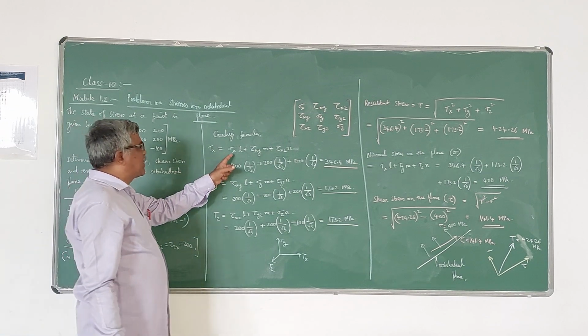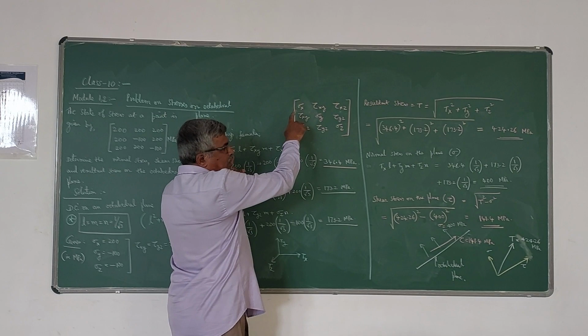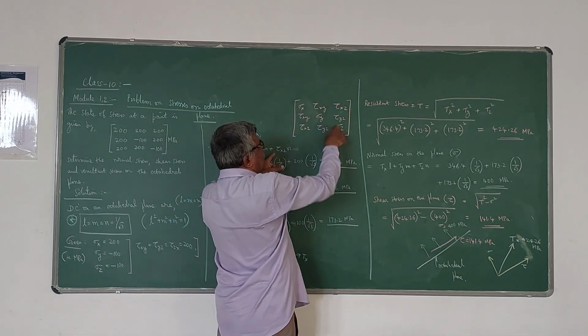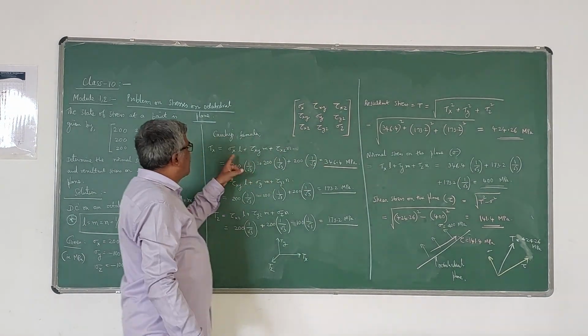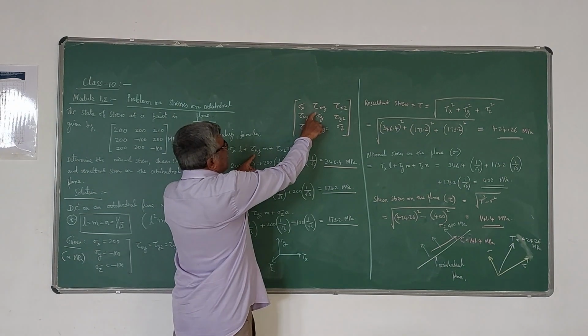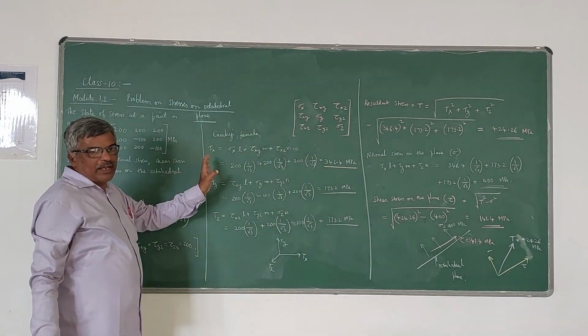You are going to get Tx. For example, sigma x into l, the first element corresponds to l, the second element corresponds to m, the third element, or third column, corresponds to n. Written that way, Tx is sigma x into l plus tau xy into m plus tau xz into n.